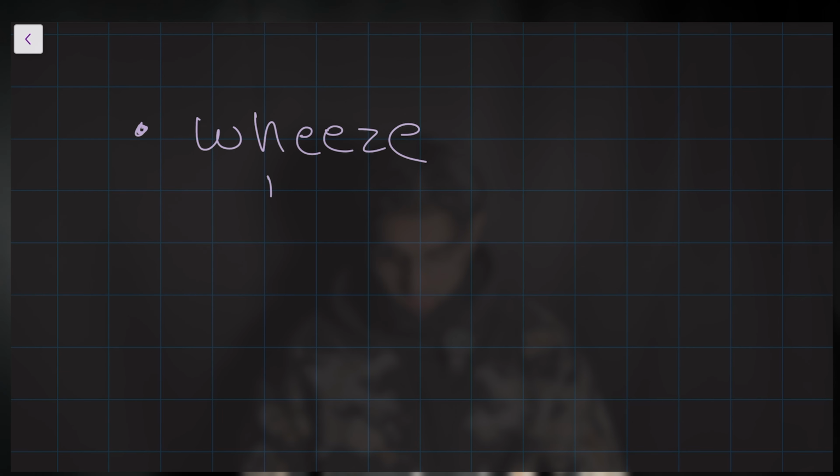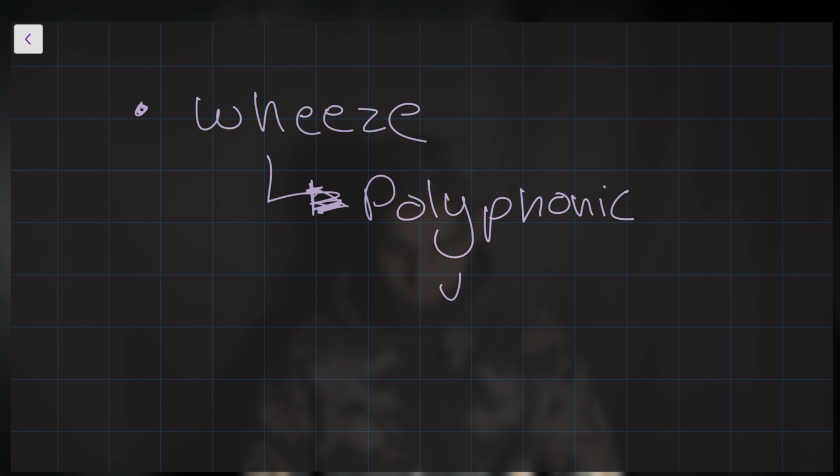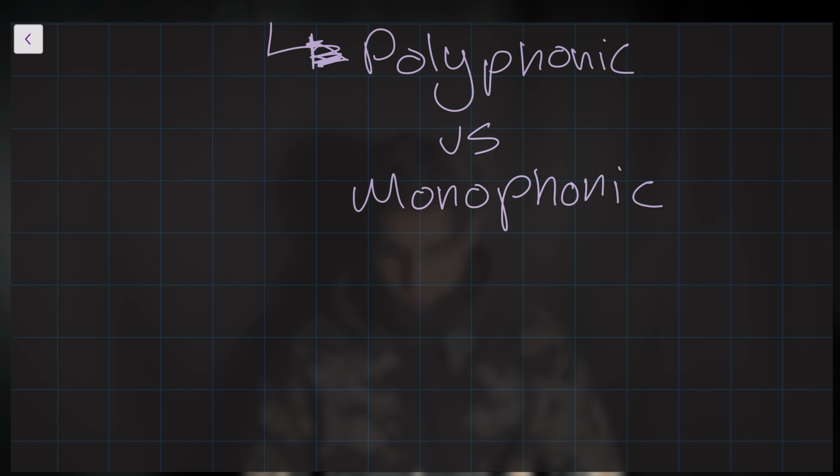So the wheeze in asthma is actually what we call a polyphonic wheeze, right? I'll explain what this actually means. To understand what polyphonic and monophonic wheeze actually is, we'll look at the pathophysiology of why the wheezing actually occurs, right?